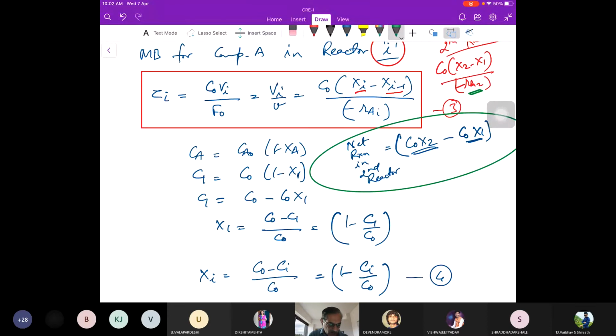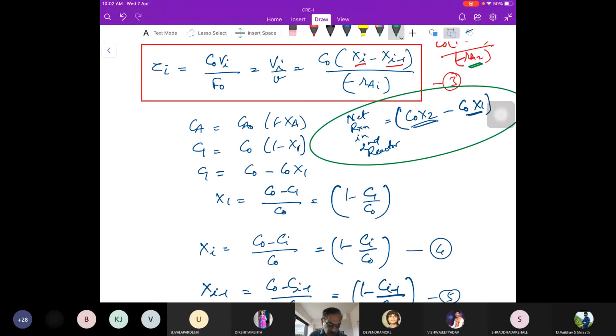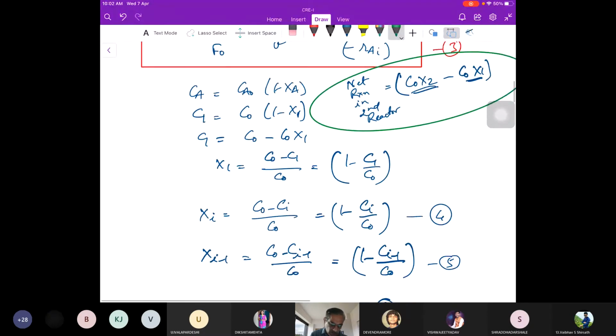Okay, so Ca is equal to Ca naught into 1 minus Xa. So C1 will be C naught into 1 minus Xa, और C naught minus C naught into Xa open किया तो, x1 is nothing but C naught minus C1 upon C naught, or 1 minus C1 upon C naught. So we can write xi similarly, C naught minus Ci upon C naught, or 1 minus Ci upon C naught.